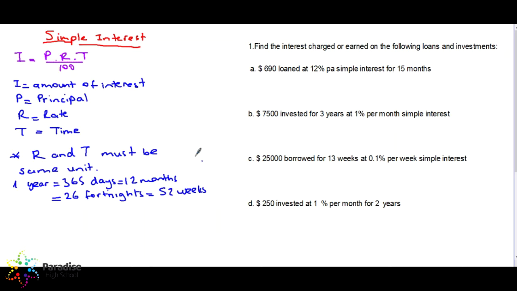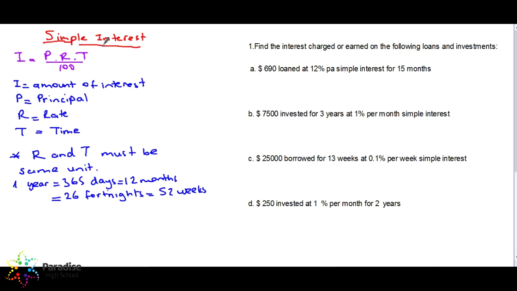For example, if the rate is given in terms of weeks, then time has to be in terms of weeks. If the rate is given in terms of days or fortnights, then the time has to be in days or fortnights. Whatever the unit is, rate and time have to be the same unit.